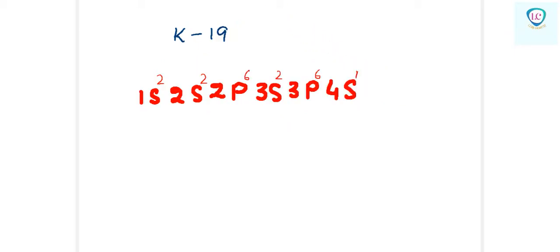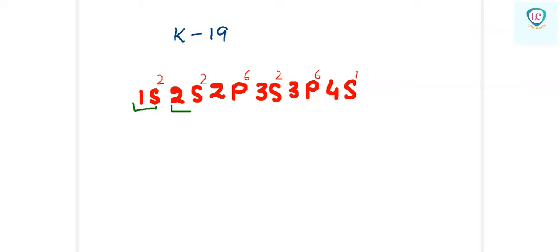The next example is that of potassium with atomic number 19. So its configuration can be written as 1s2, 2s2, 2p6, 3s2, 3p6, 4s1. Now you can see here, this is the first shell, that is 1s2.